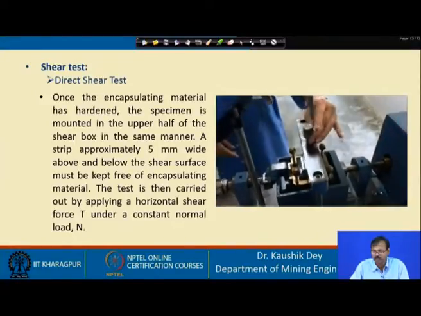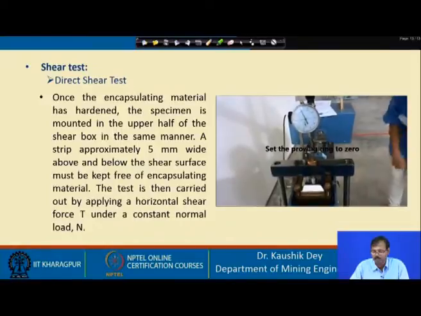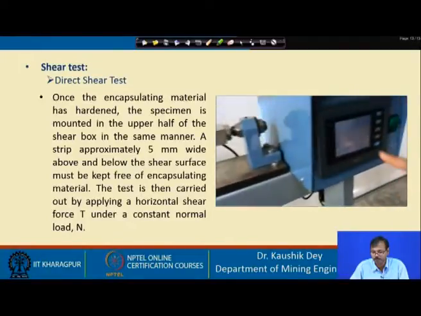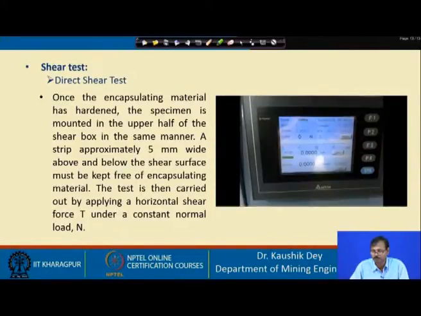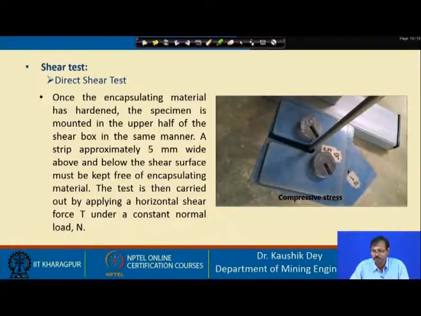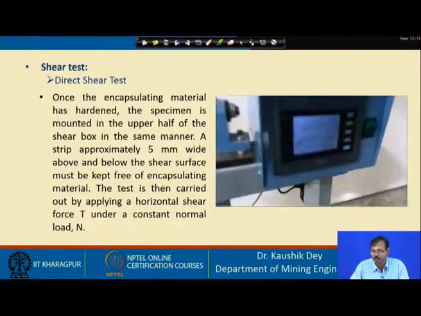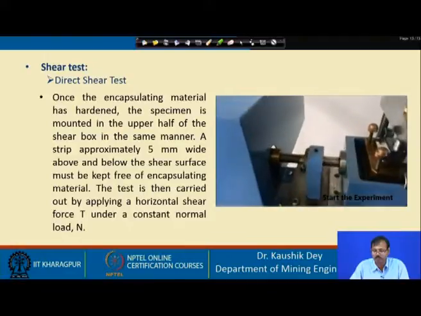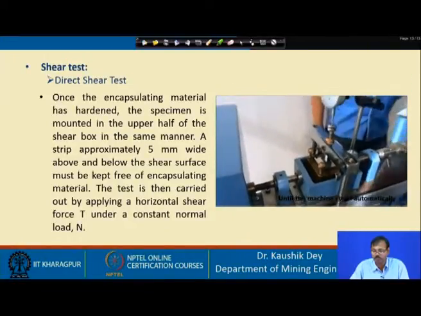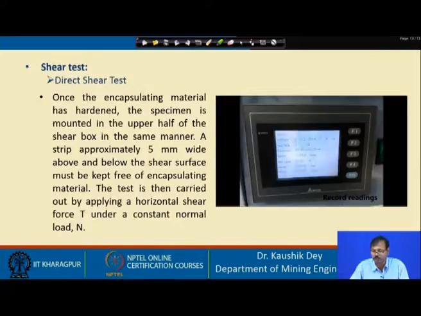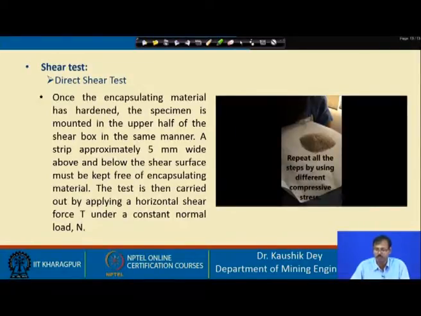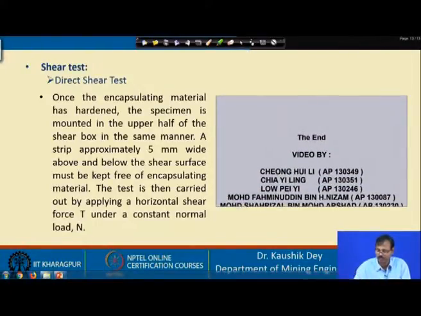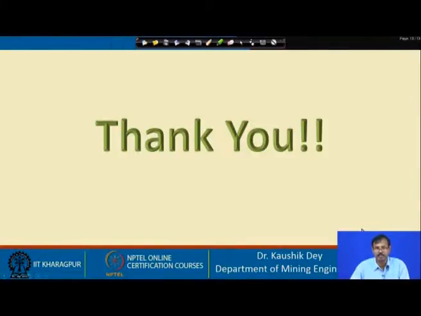The desired normal load may be suspended from this plate. These are the fixtures for fixing the normal load. Then the horizontal force will be given from the hydraulically operated motor, and the failure load will be recorded. So, this is how the direct shear test can be carried out on the sample.